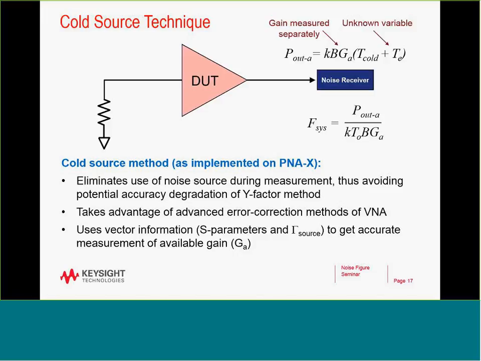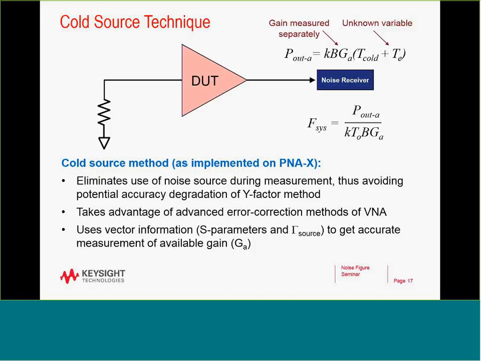But gain in the analyzer can be measured very accurately using small signals. So we're able to measure the gain very accurately in this case, then measure the effective noise power coming out of the device using the network analyzer as a receiver, and calculate what the noise figure is going to be for that device.